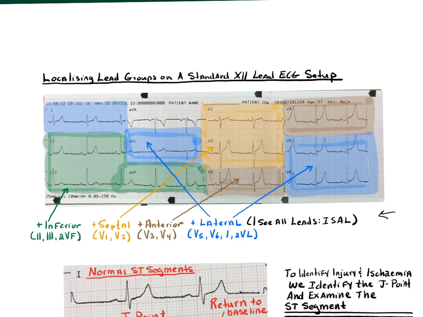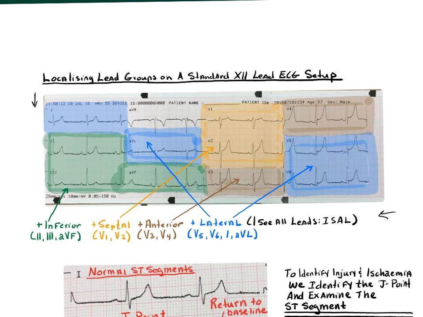The Philips monitors that we use print a rhythm strip. The Zoll monitors that we use do not. So it can vary a little bit from monitor to monitor. But in the United States, this is the standard setup for a 12-lead.